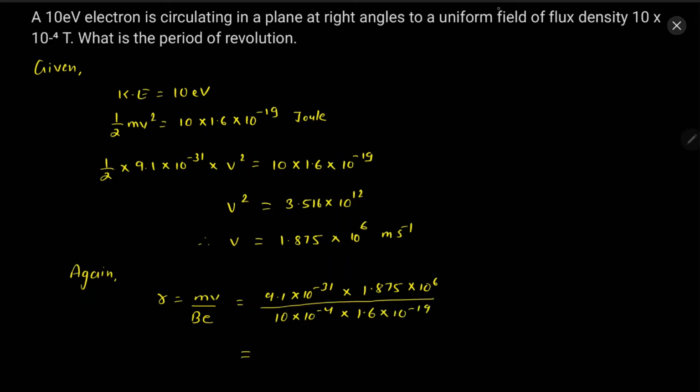This gives the value 1.066 into 10 power minus 3 meter.